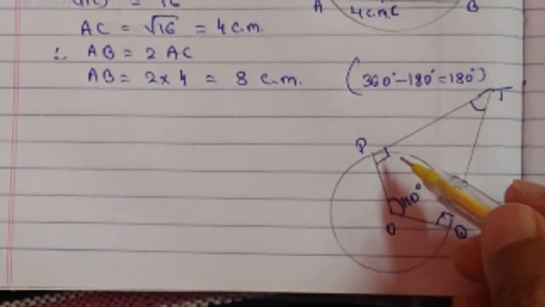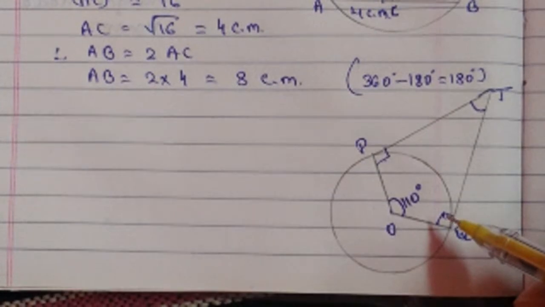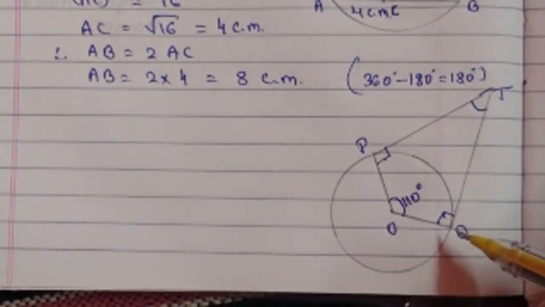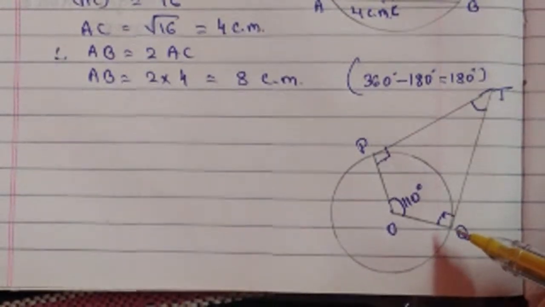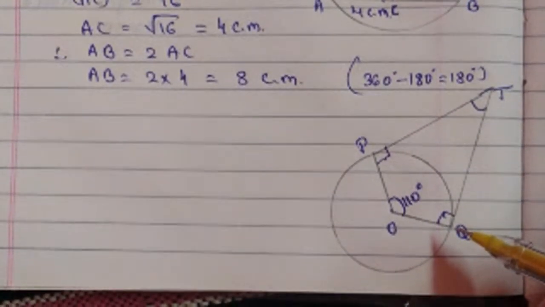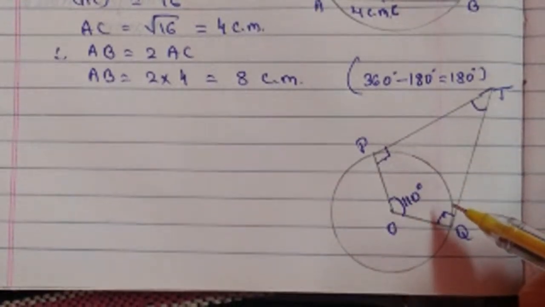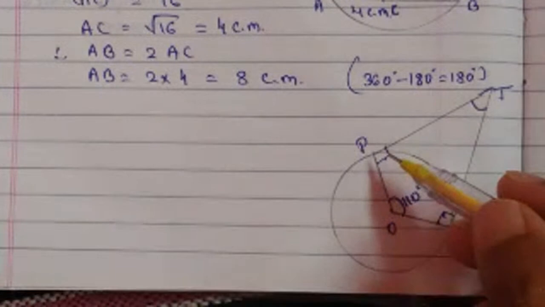This angle is 90 degree, this angle is 90 degree, and we know that angle T plus angle P plus angle O plus angle Q equals 360 degree, according to the quadrilateral theorem. So these two angles sum to 180 degree, because this one is 90 and this one is 90.